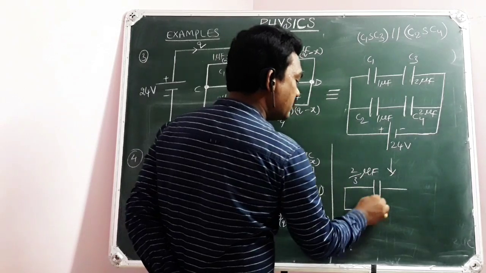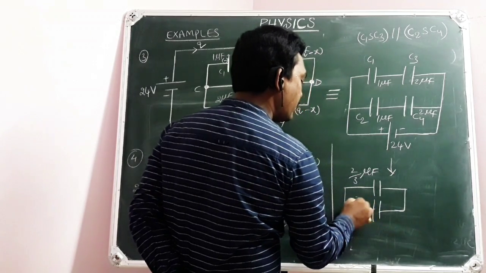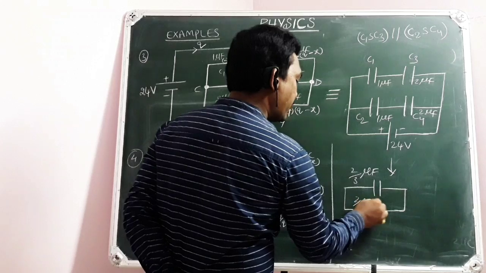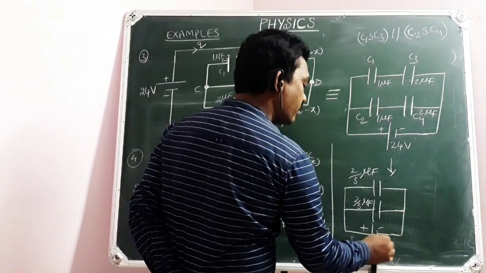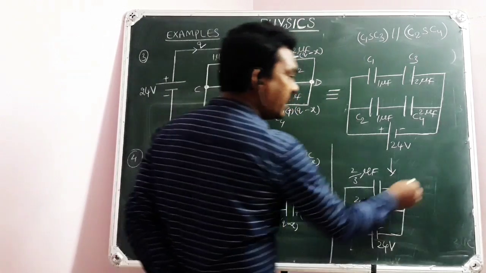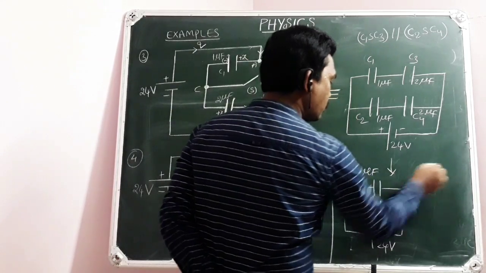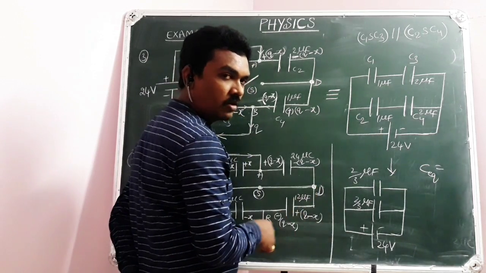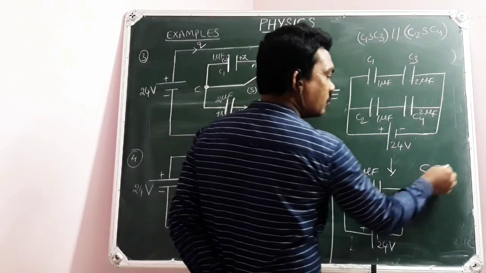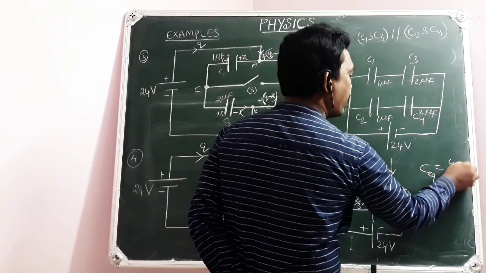And here also it is 2 by 3 microfarad. Now both are in parallel across the 24 volt battery. The equivalent capacity is 2 by 3 plus 2 by 3, so it is 4 by 3 microfarad.